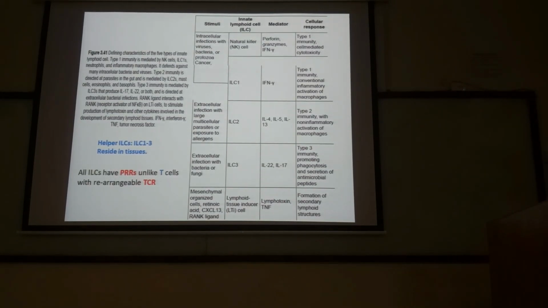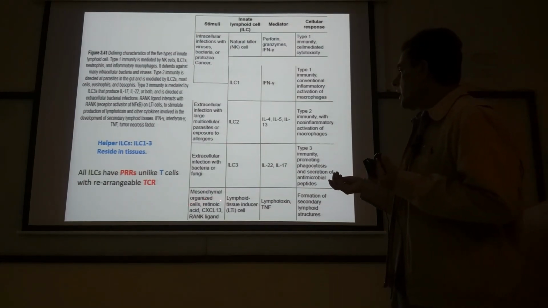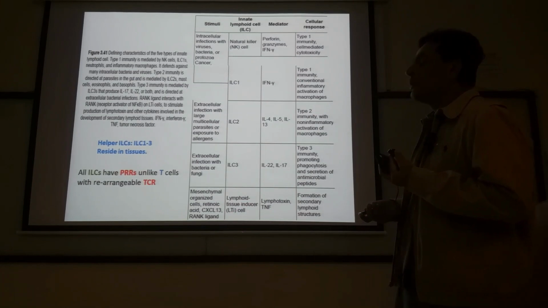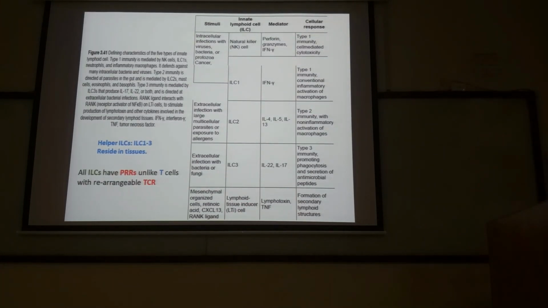And some of the lymphoid cells, the innate lymphoid cell, just like the lymphoid tissue inducer cell, LTI, these can be influenced by certain ligands, as given here, CXCL13 or RANK ligand, etc. And when these are influenced by these ligands, they produce lymphotoxins or tumor necrosis factor.